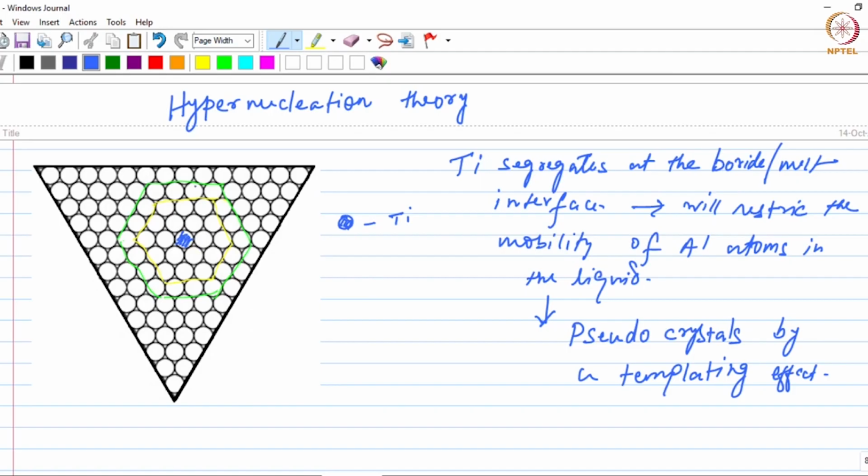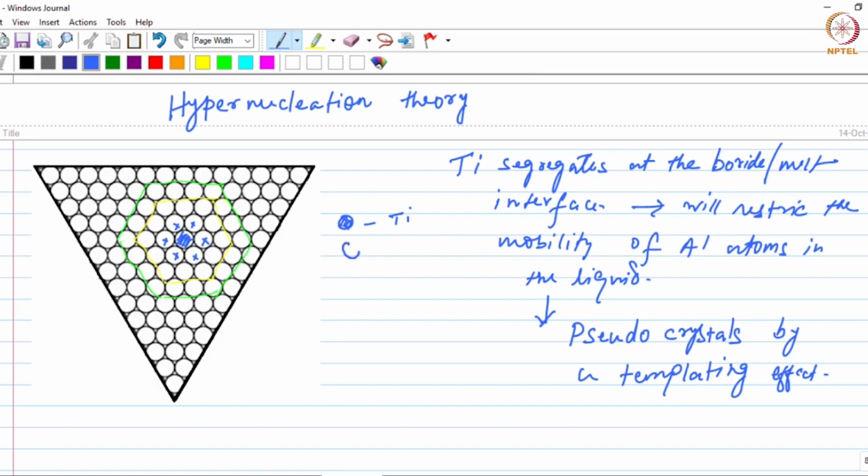Okay, so the atoms around it, for example, atoms like this one, are all fixed in place and their mobility is restricted.